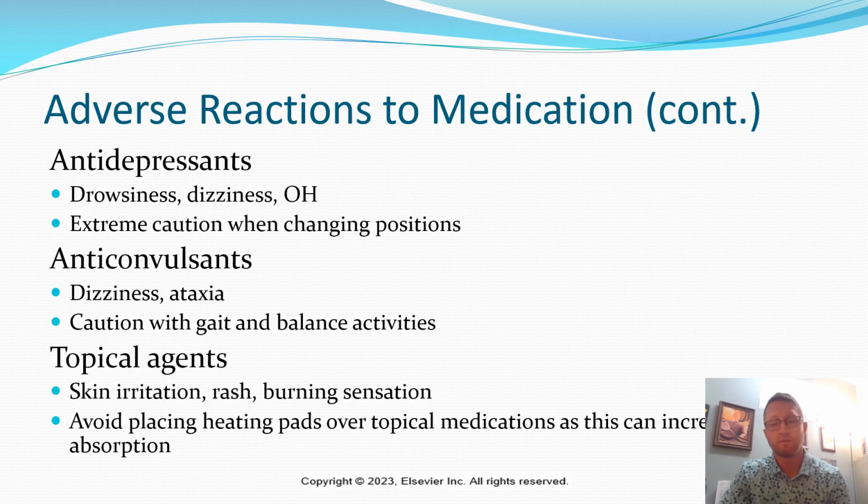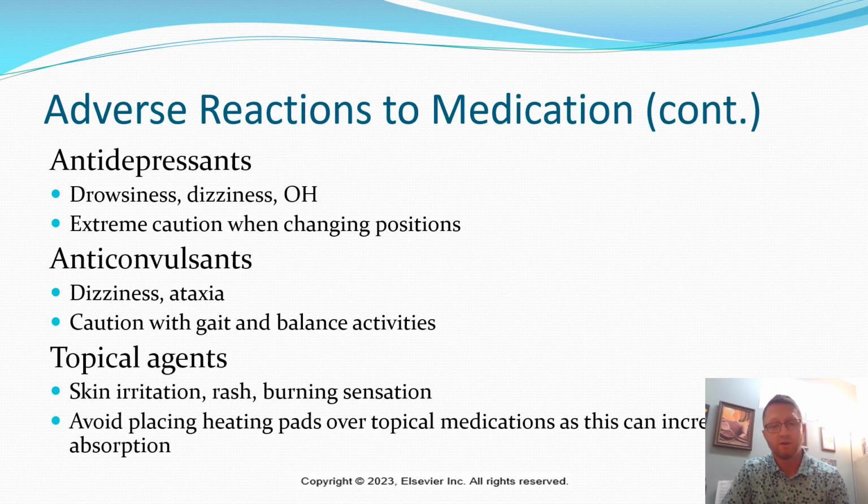So if you're asking them to perform really high balance activities and you notice that they're very uncoordinated with that, or gait activities, it's probably because of this adverse reaction to something like gabapentin. So you want to be really cautious with those types of activities with patients who are on those medications.